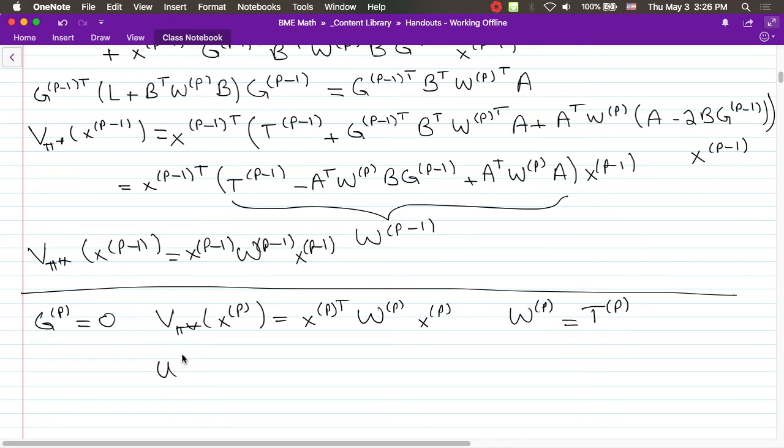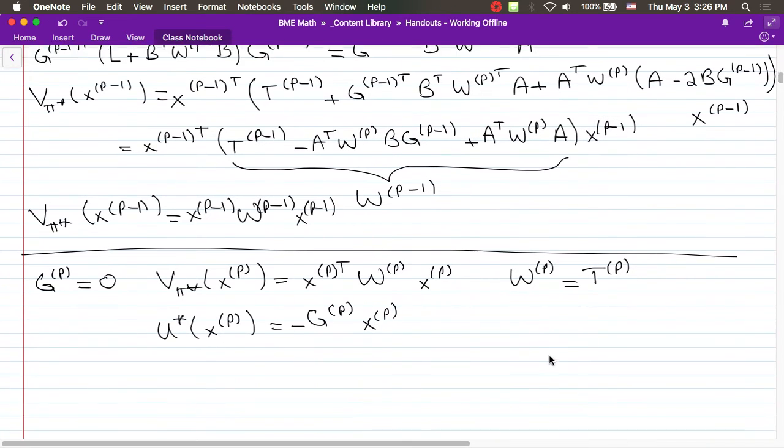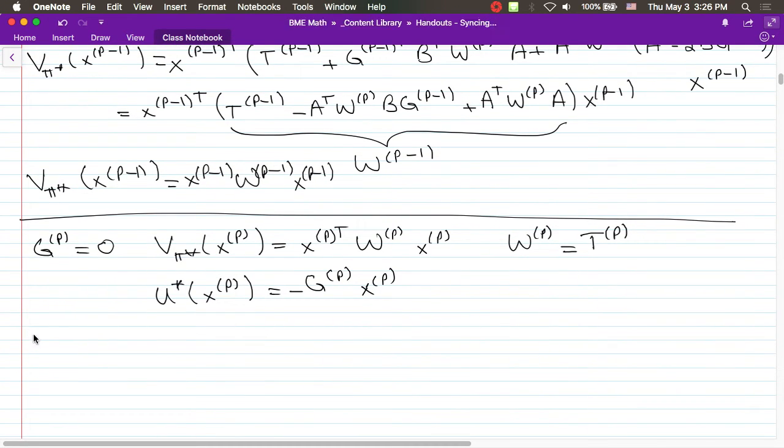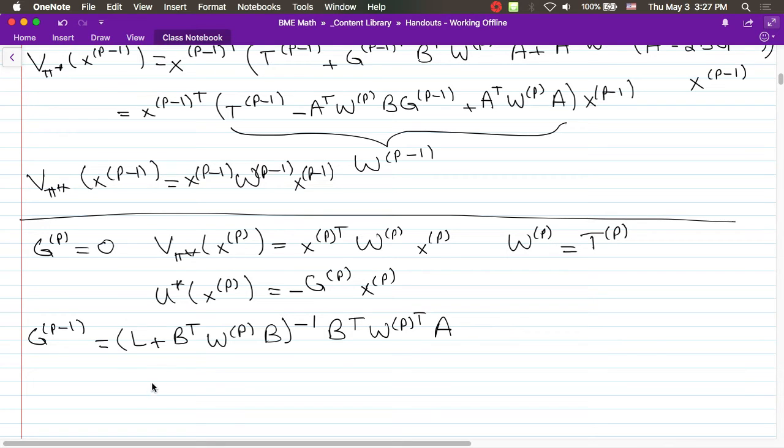And the action that I'm going to take at state x of P is minus G of P times x of P. This is the action that I'm going to take at that state.